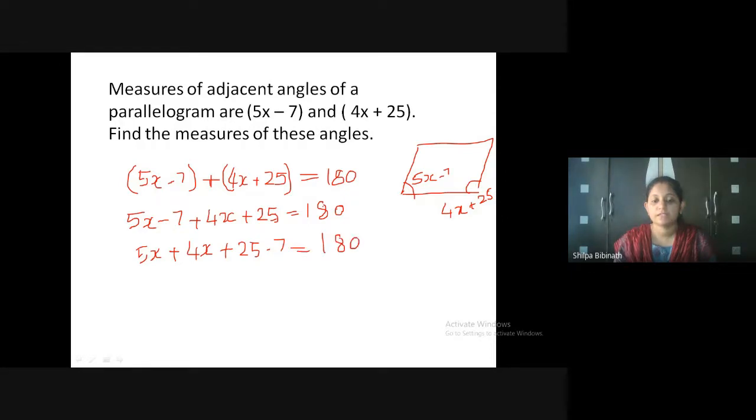Now what is 5x plus 4x? 9x. 25 minus 7 will give you plus 18.